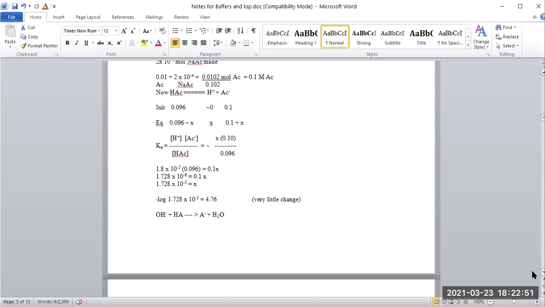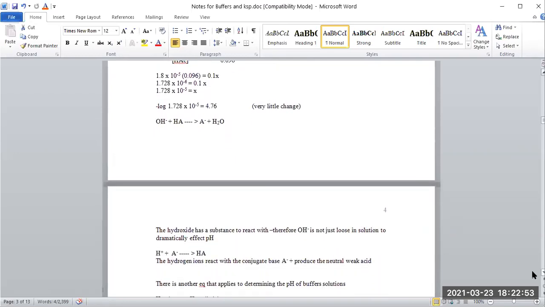So let's look at it from the kind of conceptual point of view here. If you are taking hydroxide, because the sodium doesn't really matter, and you're adding it to the HA part of your equation there, you get A minus, so whatever the ion is, plus a little water.